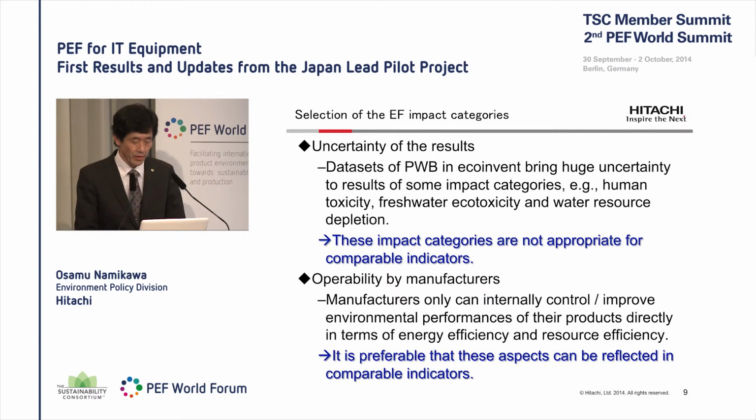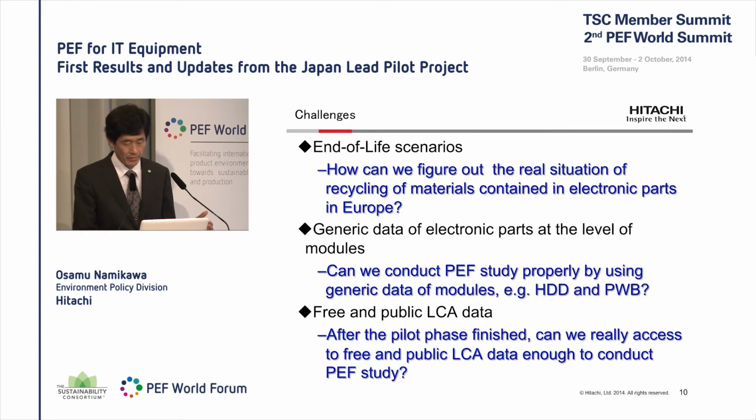And second point is operability by manufacturers. Manufacturers, not only them, but they can initially control and improve the environmental performance of their product directly, mainly in terms of energy efficiency and resource efficiency. So at this moment, it is preferable that these aspects can be reflected in comparable indicators.